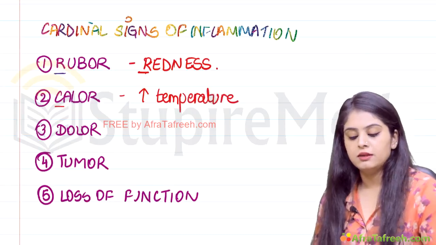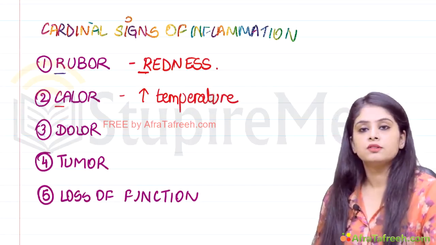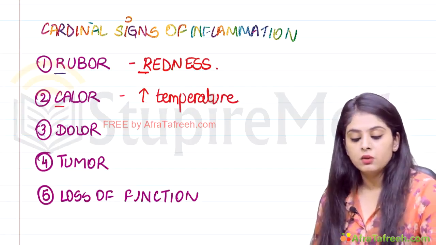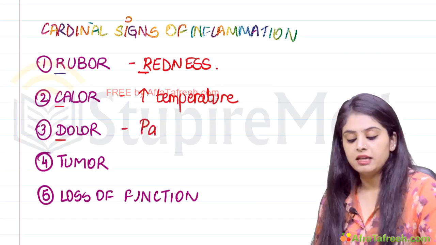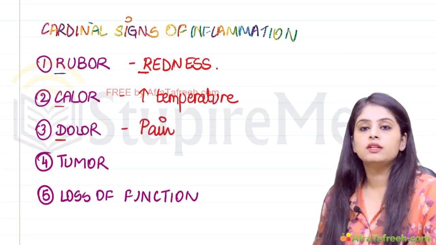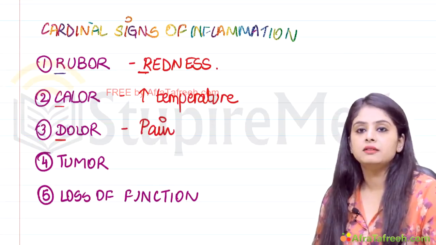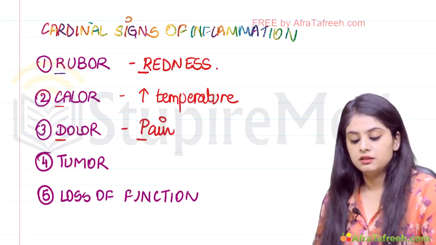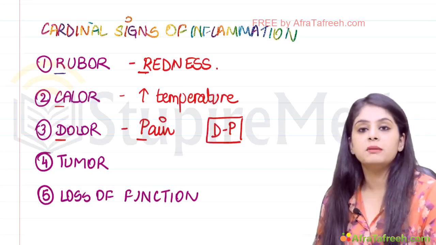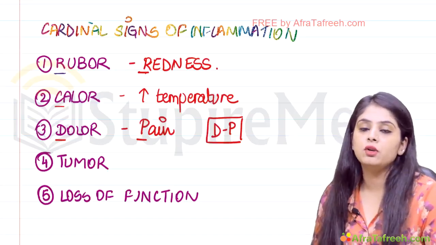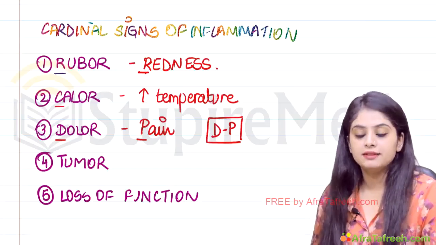Coming to the third one, what is dolor? Dolor stands for pain. D and P, we will remember it by the mnemonic display picture, DP. So D for dolor and P for pain.